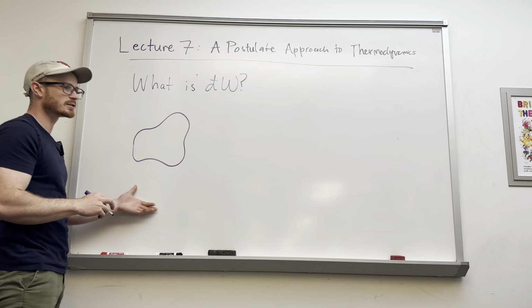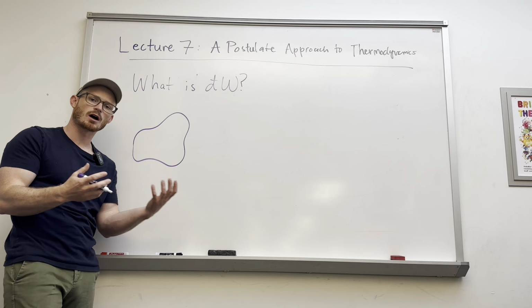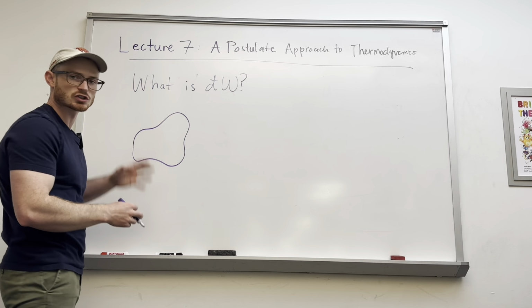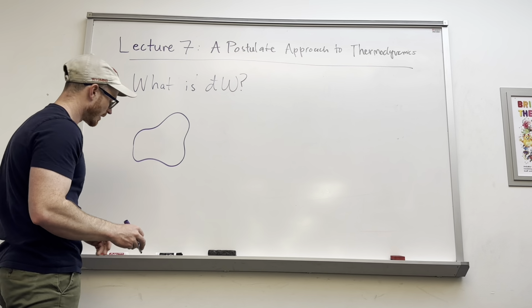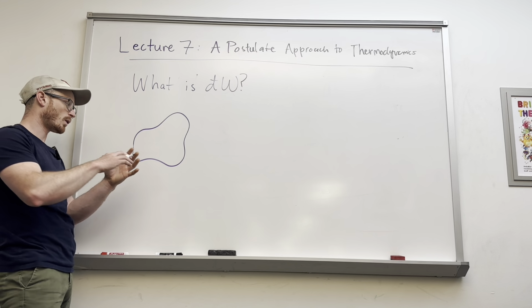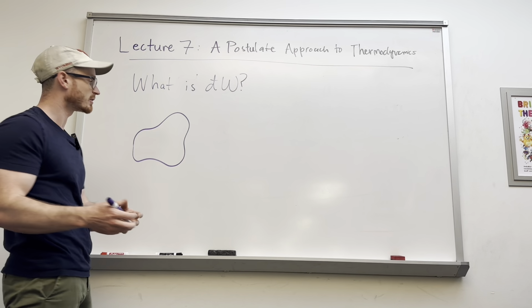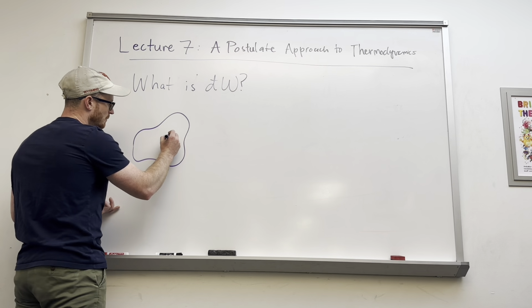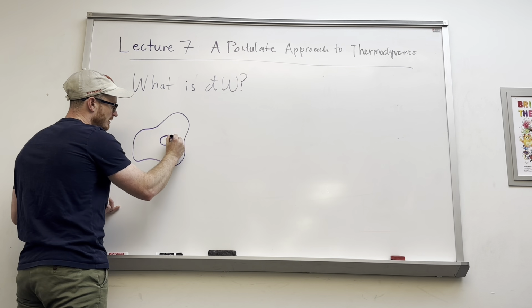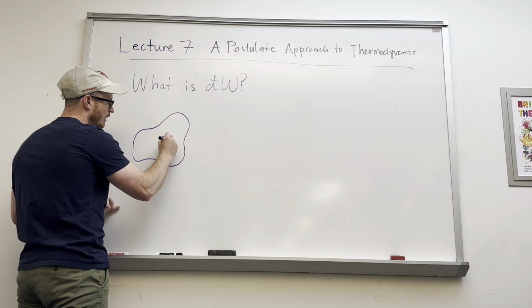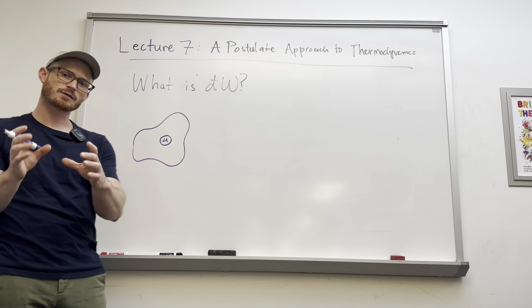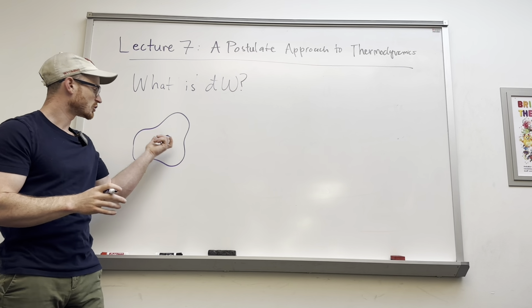A material body is just a continuum agglomeration of matter. So you could just think of this as a blob of matter, right? And of course, the way that we're drawing, it's hard to tell, but this in principle is a three-dimensional surface, right? And what we're going to do is consider a surface element, dA.